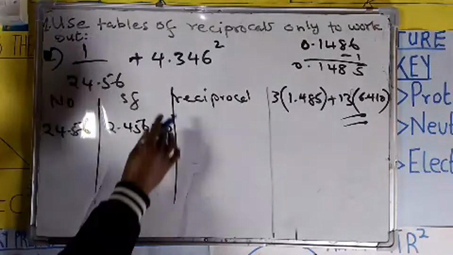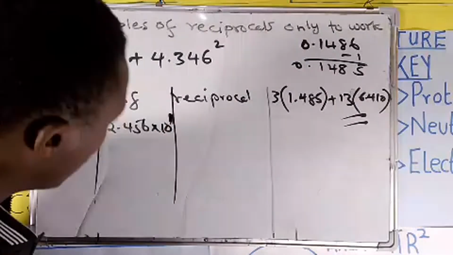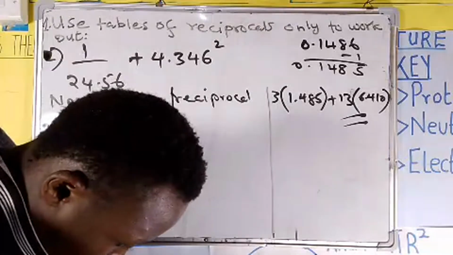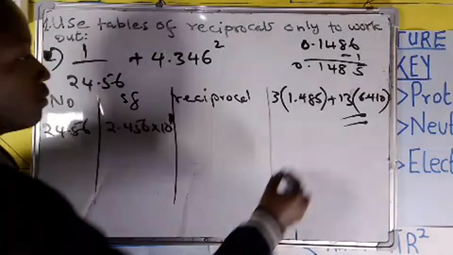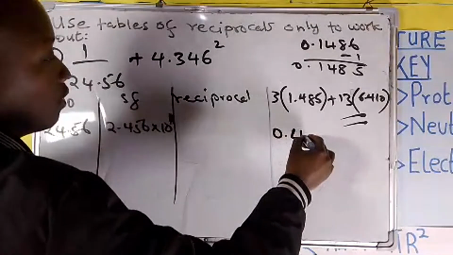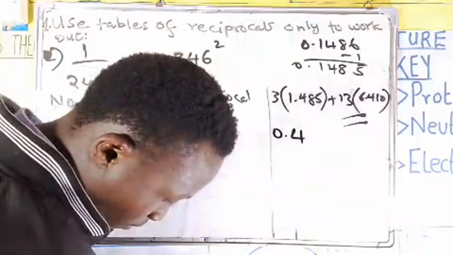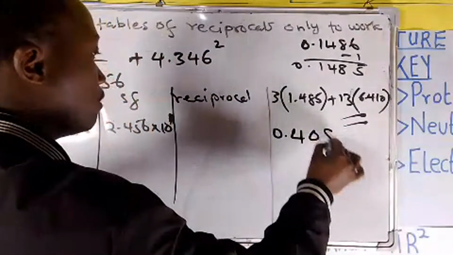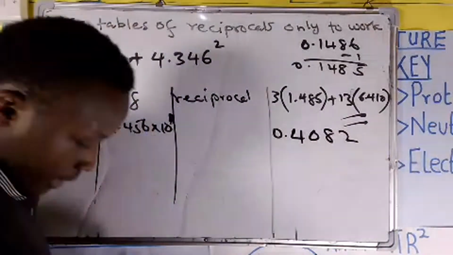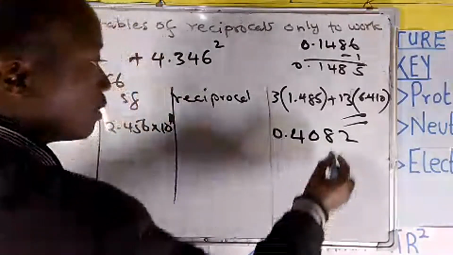And our reciprocal is 2.45. It will be 0.4082. Then minus 6, we subtract 10.